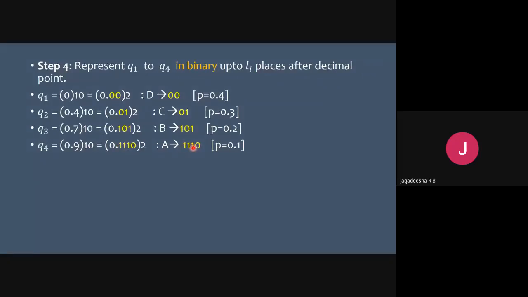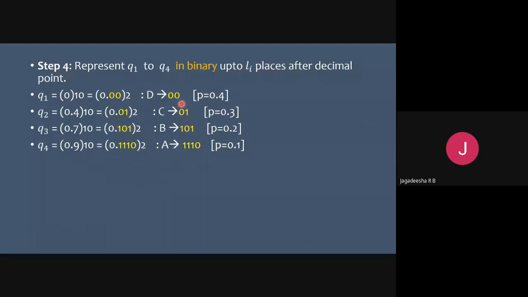So we know these are the code words. This is actually the fifth step. I have combined here. Okay, instead of writing from here to here as a separate step, I have just combined here. That looks easy. So this is the last step, and these are the code words.